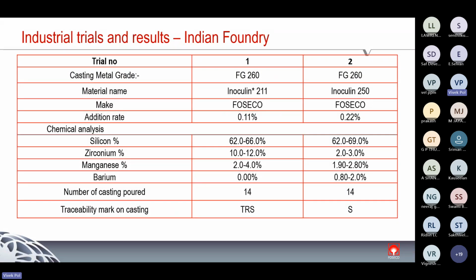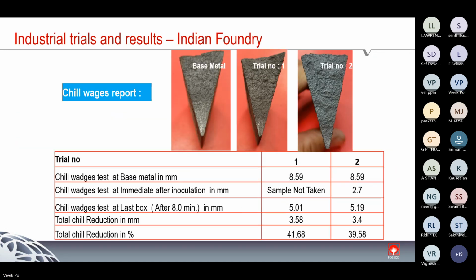We poured 14 castings with proper traceability marks on the castings, so that we could find out the difference. And again, this is the wedge chill test for base metal, then trial 1 with concentrated, trial 2 with regular inoculant.